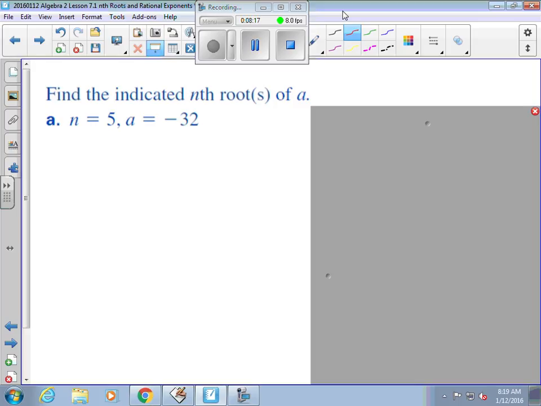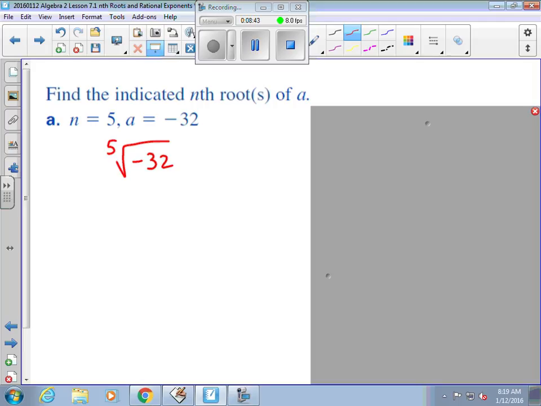You have to multiply a number times itself 5 times, so the number cannot be very big to get to the number 32. We'll deal typically with small numbers when we're talking about this. So we would rewrite this as the fifth root of negative 32, where the index goes.